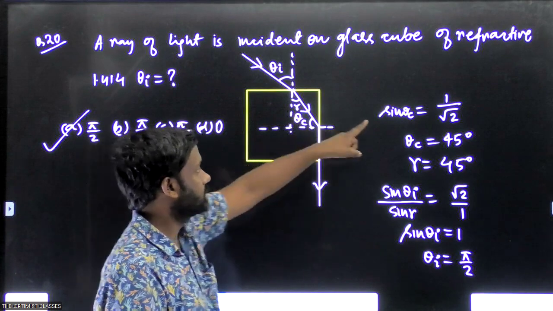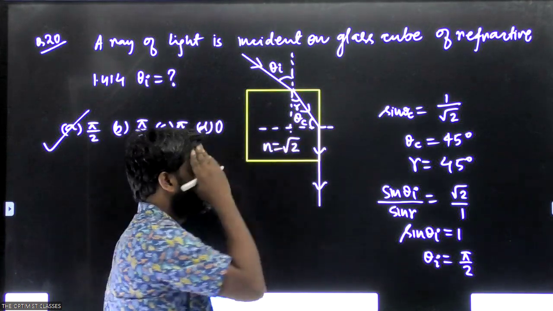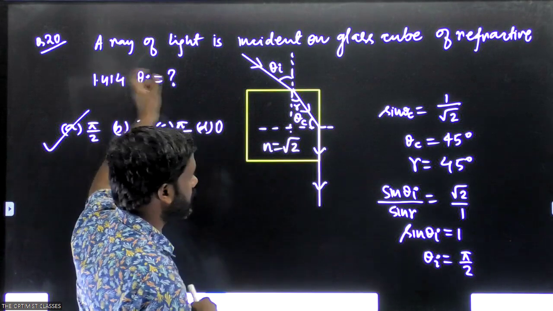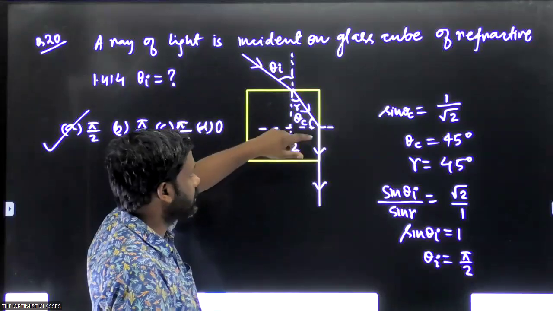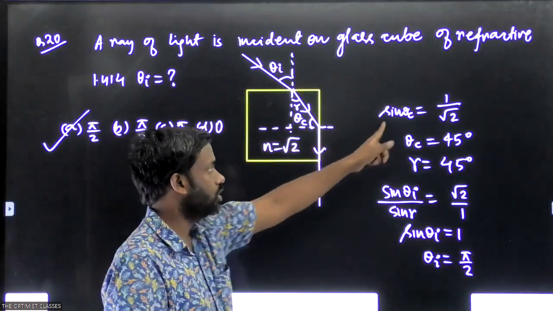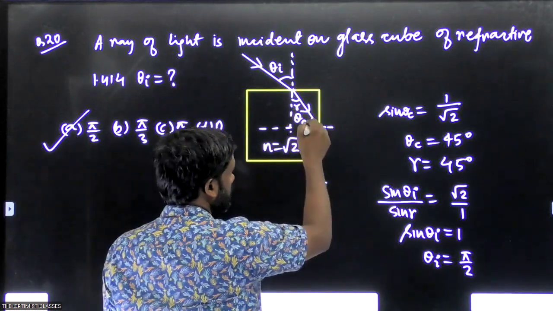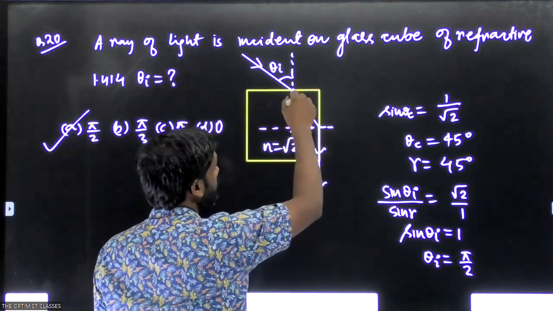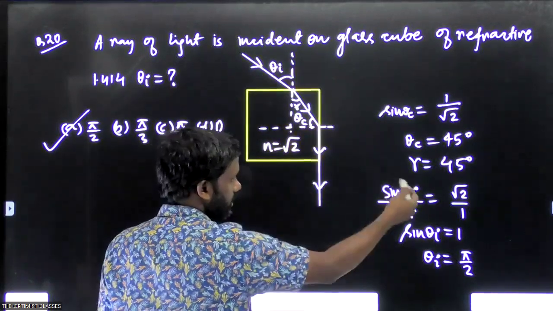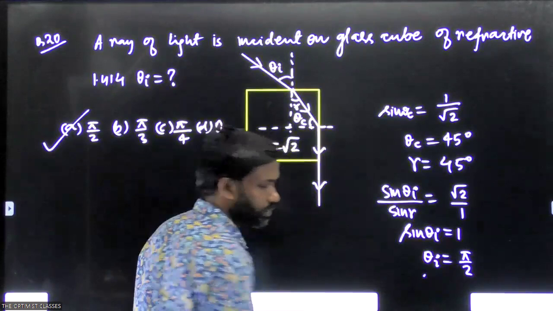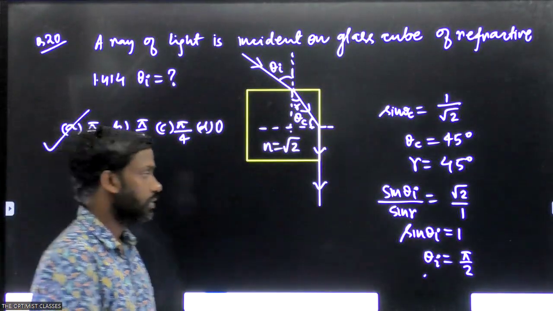So sine theta c must be 1 over the refractive index, which is given to be root 2, that is 1.414. Using this formula, theta c comes out to be 45. So here the angle of refraction, this is 45, so this also becomes 45. And then we apply Snell's law here. From there we get theta equal to pi by 2. So the correct answer for this one should be pi by 2.